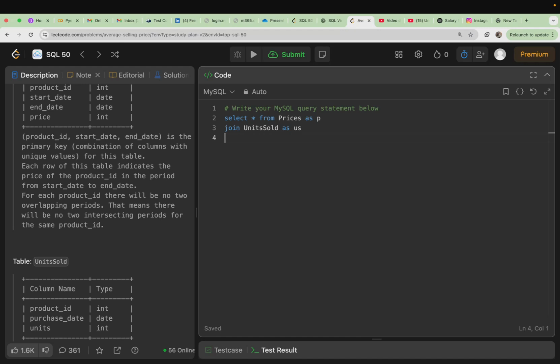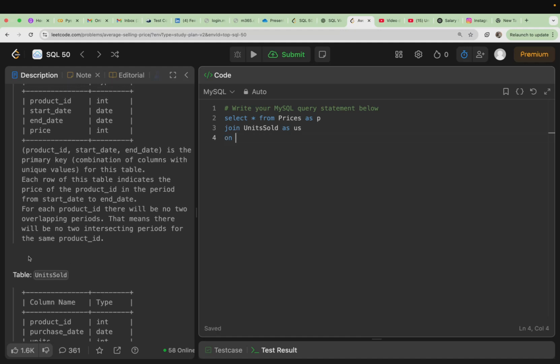It's the most important part of this code. So generally we'll join these two tables based on the product ID, but in this case we also have to consider the purchase date. What should be the purchase date? In this case it should be within the start date and end date of the prices table.